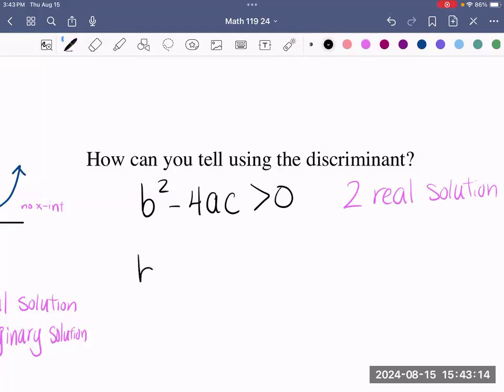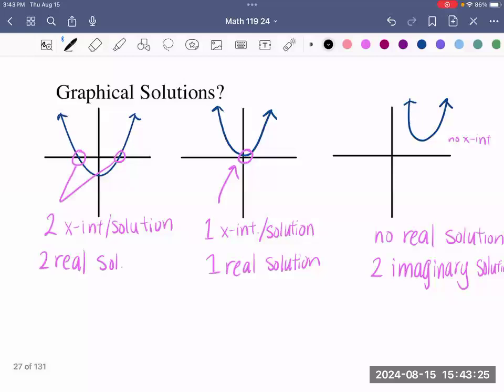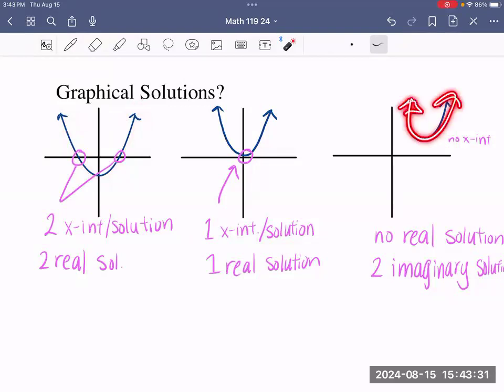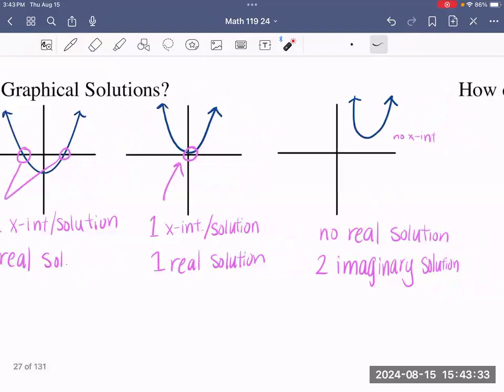Now let's say we take your discriminant and we now negate it. Let's just say it's less than 0. Well, what variation do you have? So if you have two reals, the opposite would be two imaginary, non-real solutions.